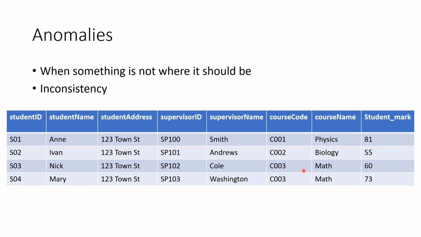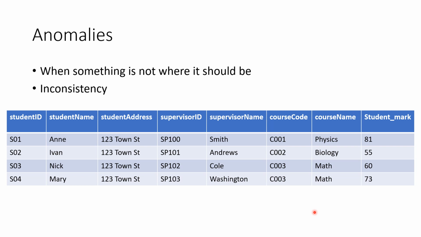Let's say math changes its course code to C004. If you change it here, it's not going to automatically change in Mary's record. You will need to individually update each and every record, and obviously that becomes very tedious and a very long process, especially if you have thousands of records. So that is what you call an update anomaly, when duplicated values are updated but not all of them.